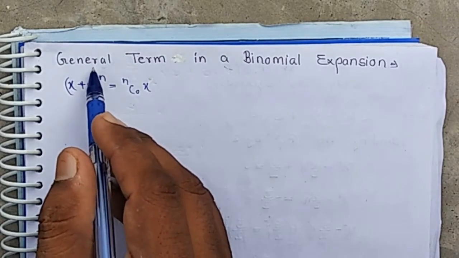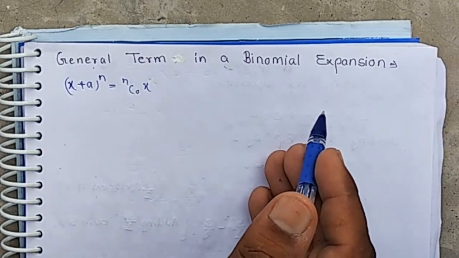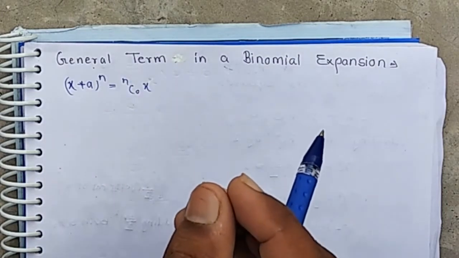Good morning, class. Today's topic is the general term in a binomial expansion and how we can find the middle term in a binomial expansion.